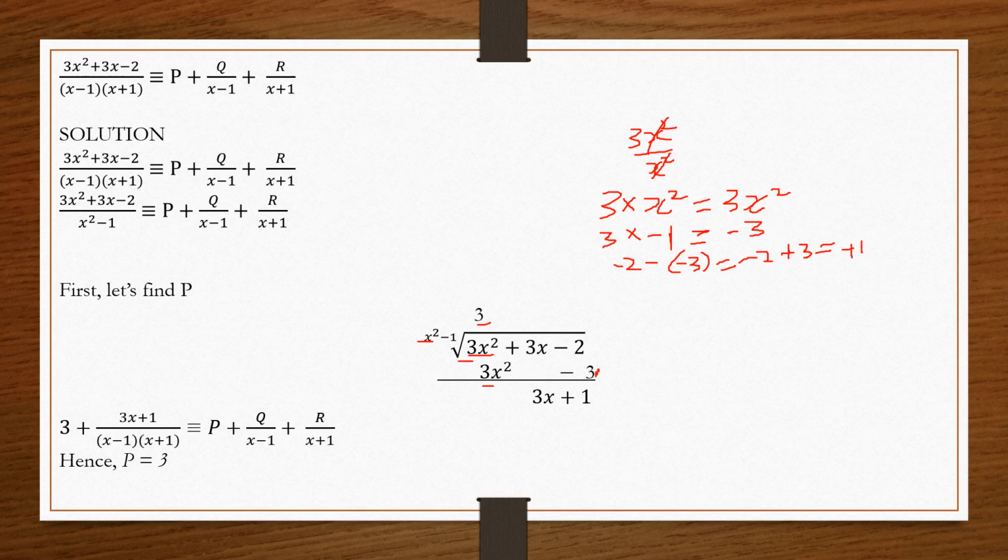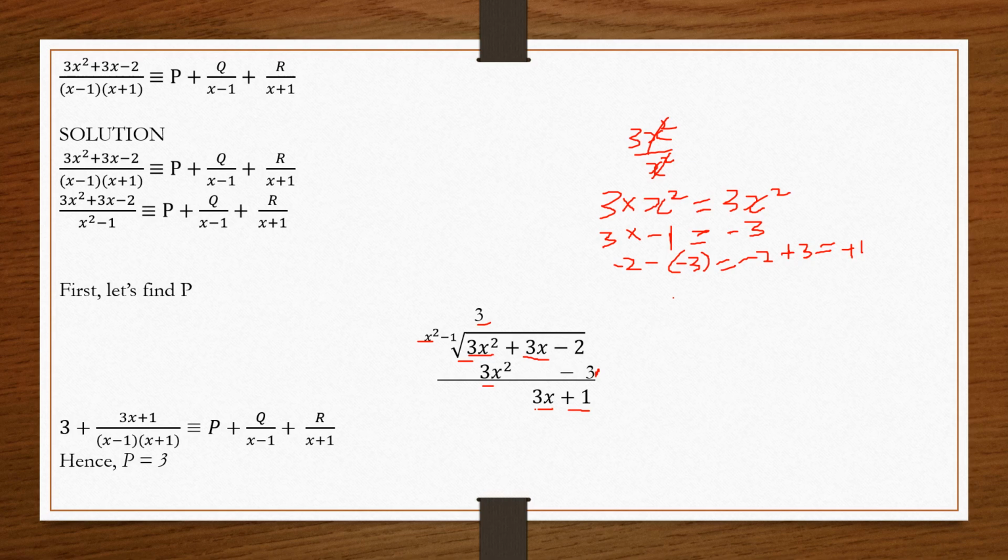Okay, plus 1. So that's why I'm having this plus 1 here. Now for 3x, it has no like term, so we'll just bring it down. Okay, let's bring it down, and then I have 3x squared minus 3x squared, which is 0, so I don't need to put 0 here.